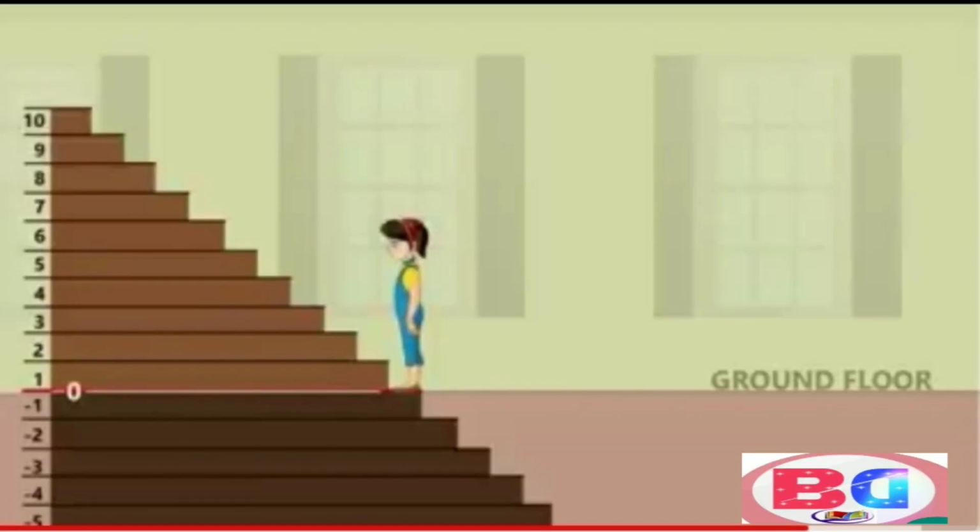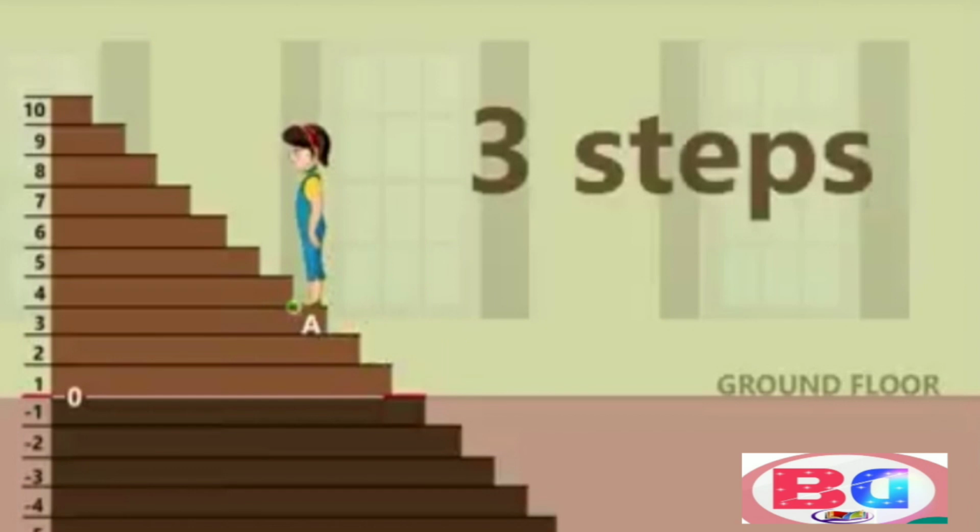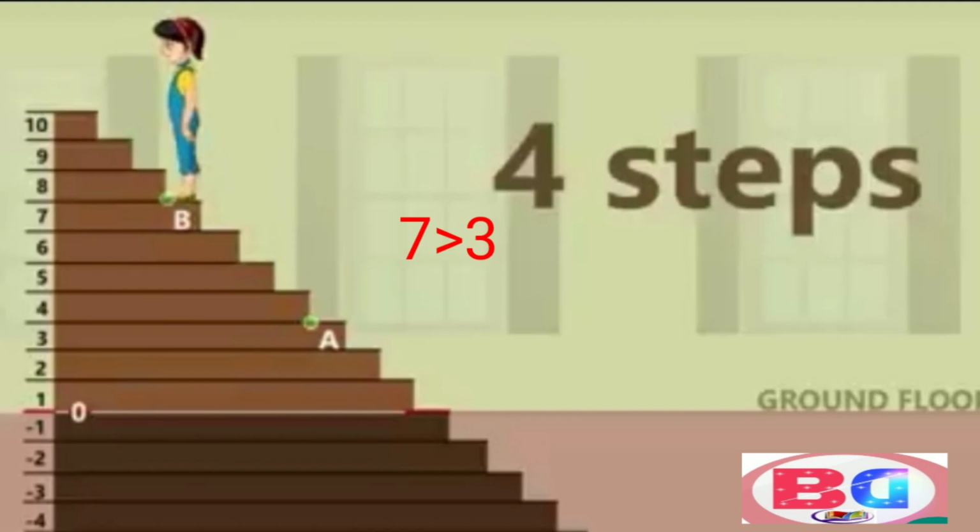Suppose that Sita is standing on the ground floor and she wants to go up a stair, 3 steps. After the 3 steps she moves above and reaches position A. It is the indication that the position increases. Suppose Sita again moves up a stair 4 steps, then she reaches position B. When we compare position B and position A, which one is greater?